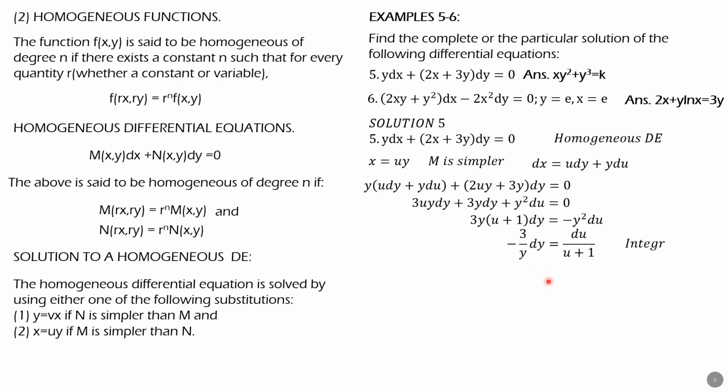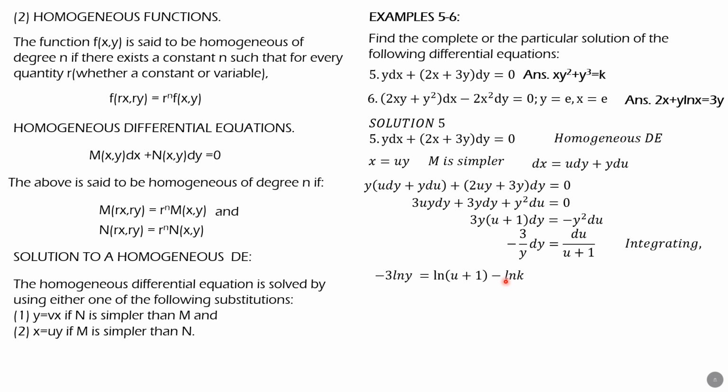So integrating, take note that this is negative 3 integral of dy over y, which is ln of y, and this is simply ln of u plus 1, then plus a constant, but I'll just present the constant as negative ln of k. So negative 3 ln of y equals ln of quantity u plus 1 minus ln of k.